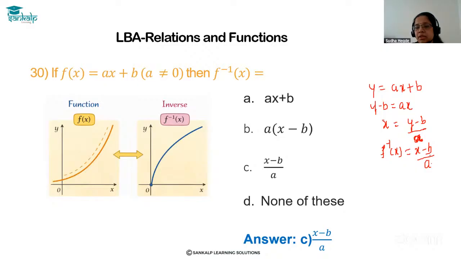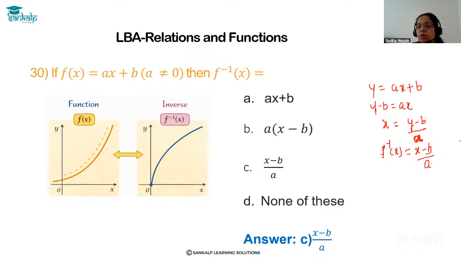Again, go through it. First, what you have to do? You have to take f of x as y. So y is equal to ax plus b, because f of x is equal to ax plus b. Rearrange and find x. So x is equal to y minus b by a.